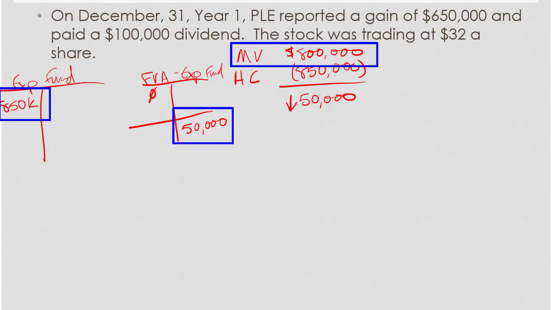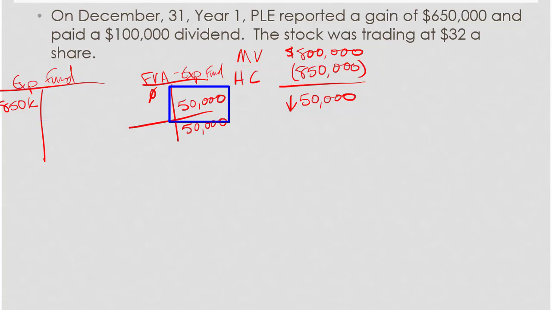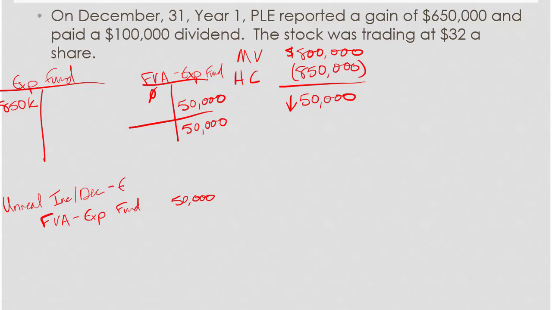So to get from 0 to a credit of 50, I need a $50,000 credit, and that will be my journal entry. I'll credit fair value adjustment, expansion fund, $50,000. And I put it into unrealized, increase, decrease, expansion fund. And this is to adjust for market value.